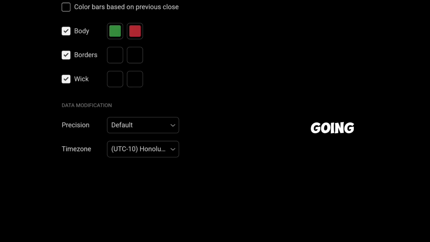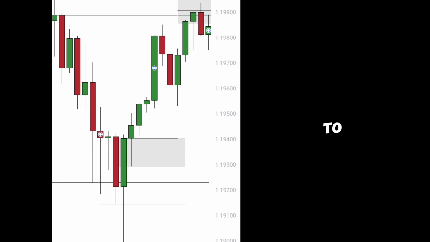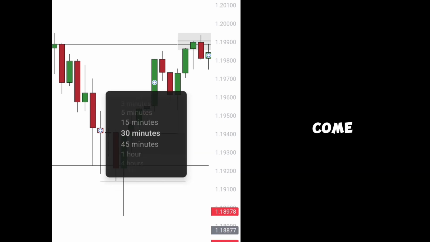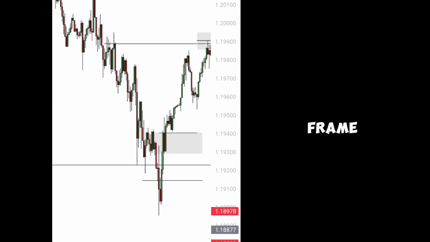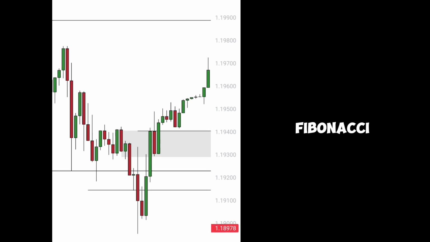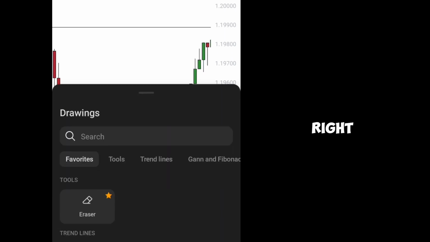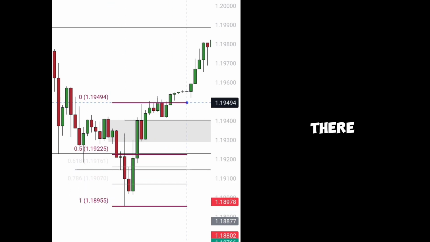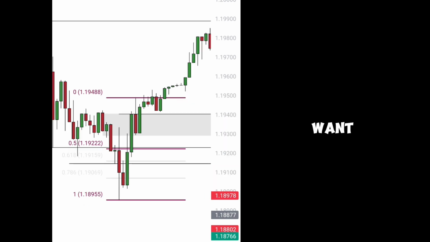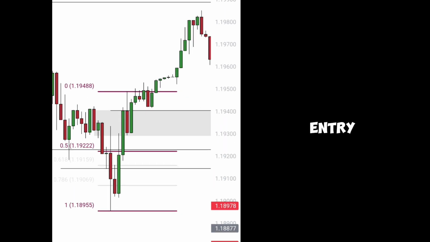Now what we are going to be looking out for is we are going to draw our Fibonacci level. Now we come to the 15-minute time frame, and you want to draw your Fibonacci level from the low right there to that high right there, and you want to put your entry at the halfway Fibonacci level.